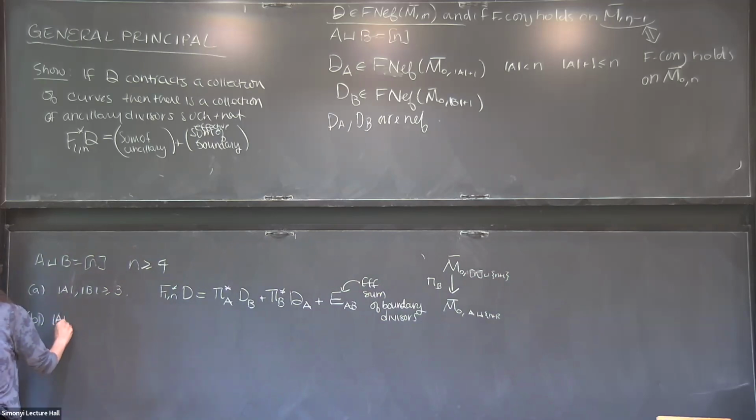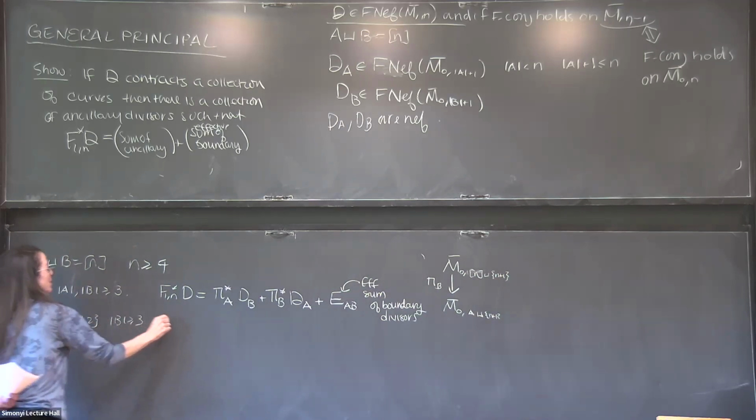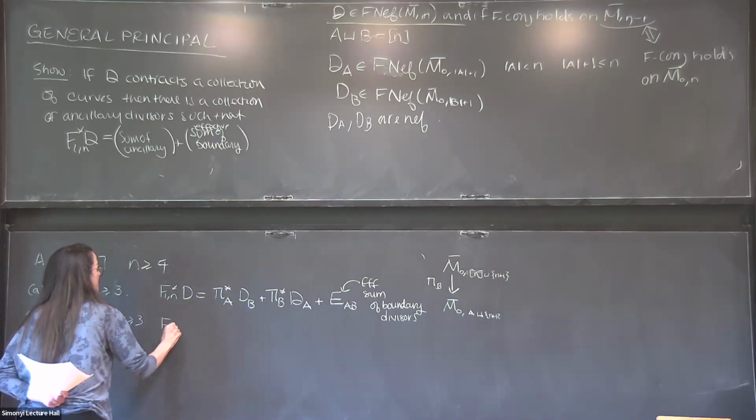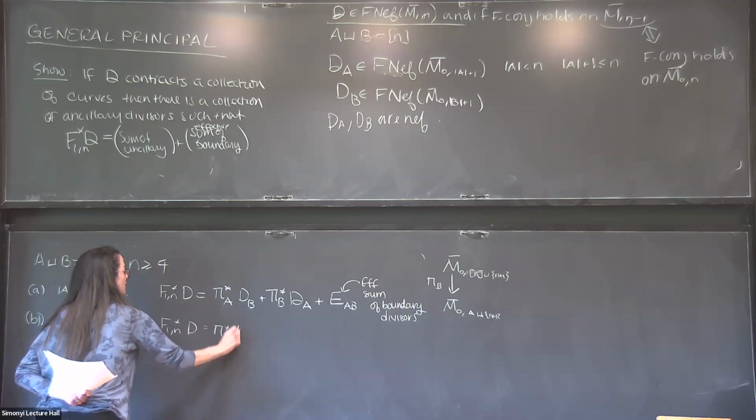if A only has 1 or 2 elements, I can take one of them to be smaller, like A, for example, and B is at least 3, then we could write this slightly differently.